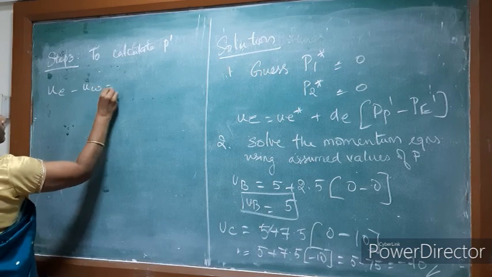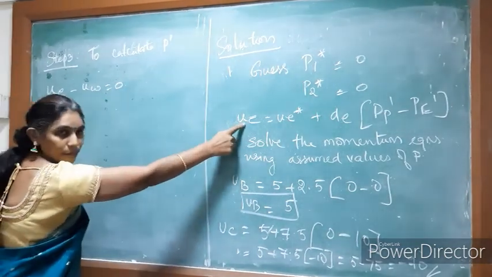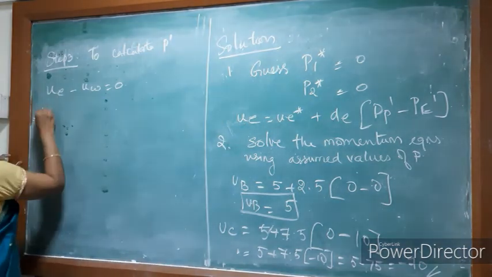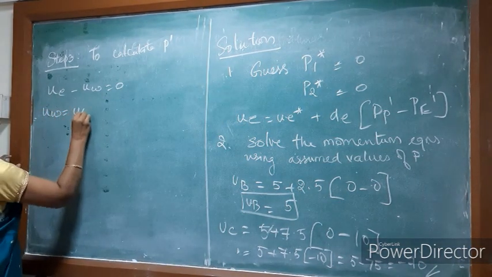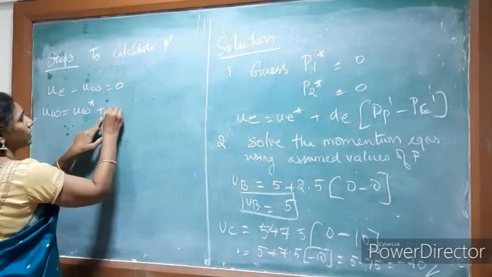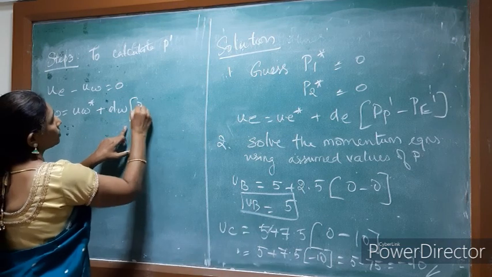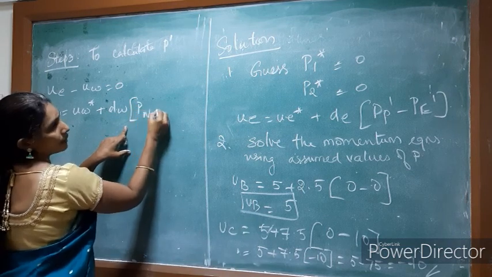UE minus UW equal to 0, so this is a continuity equation. I already have an expression for UE. I am going to write the expression for UW. So that is UW star plus the same equation I am referring to, PW into PW.